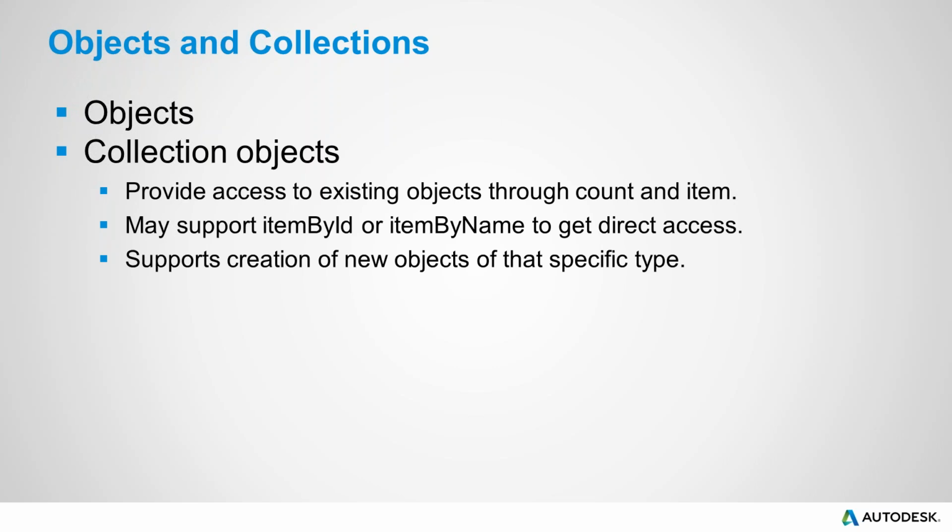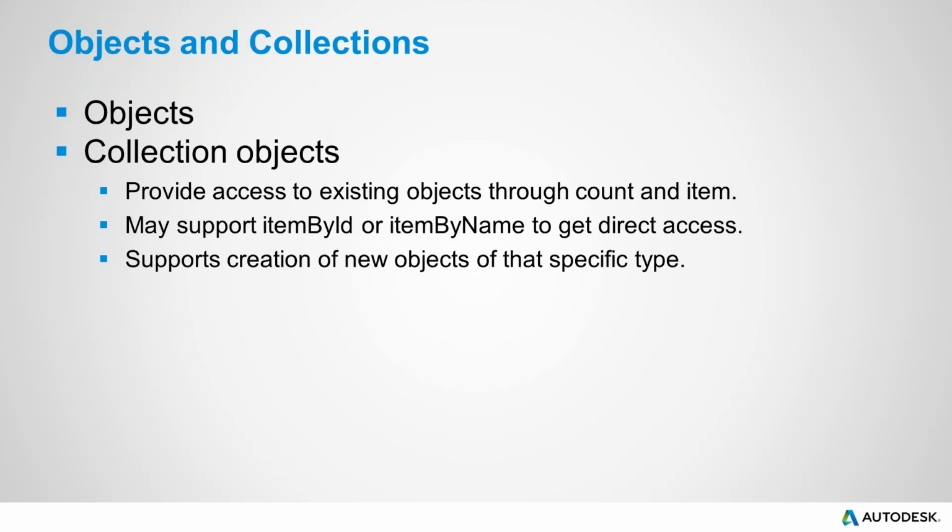Every collection supports count and item, and some collections also support one of these two properties, item by name or item by ID, and they let you get a specific object out of that collection by its name. This should be on all the collections that have objects in them that are named. So for example, features.